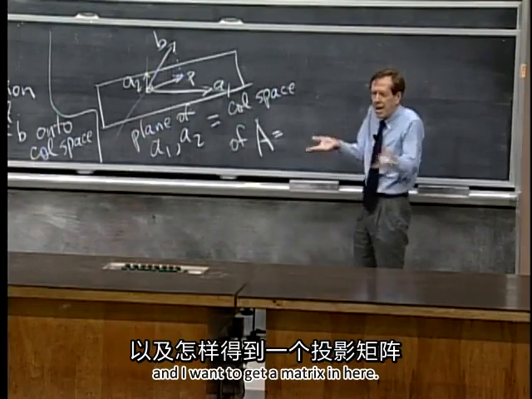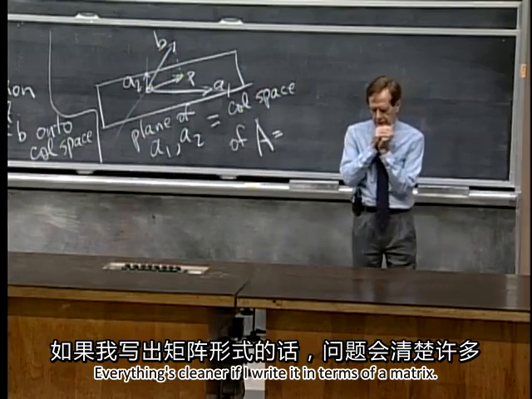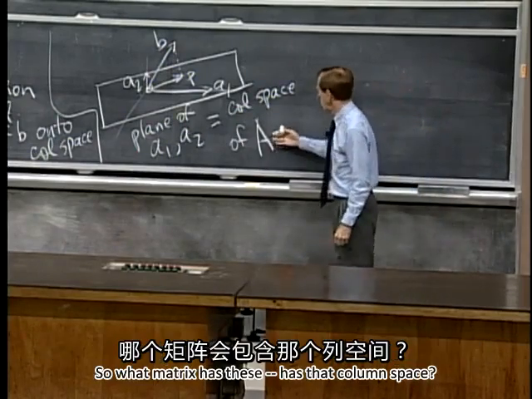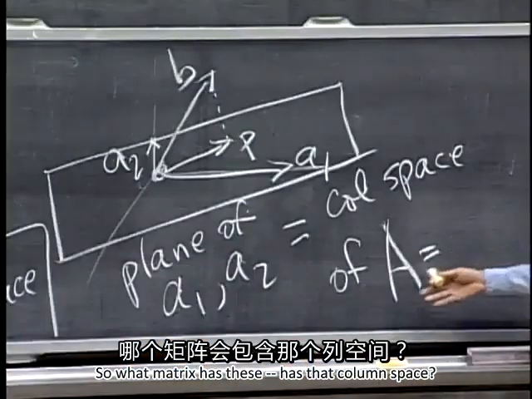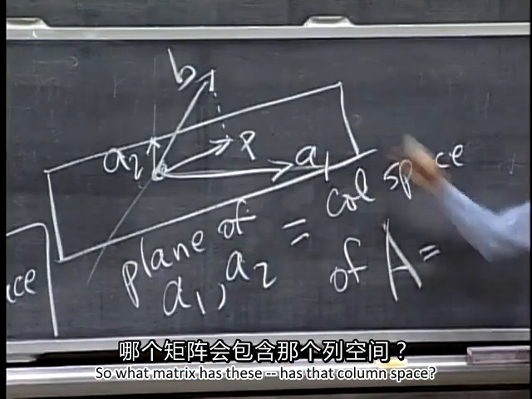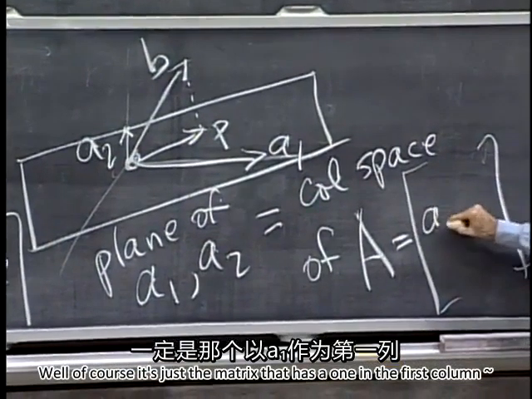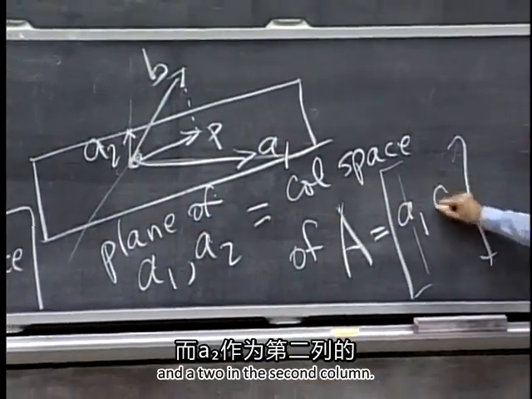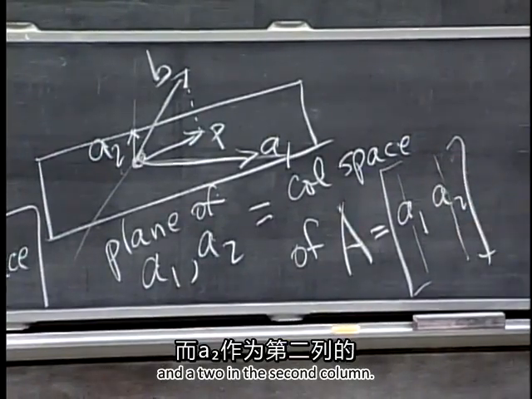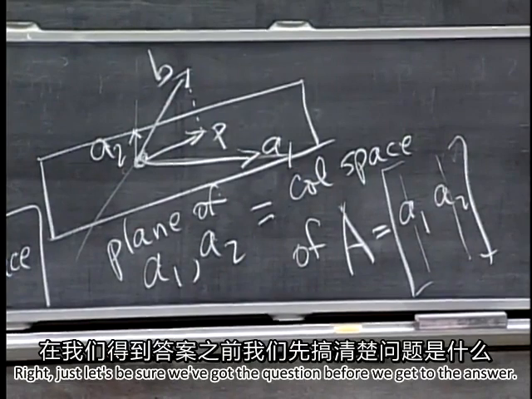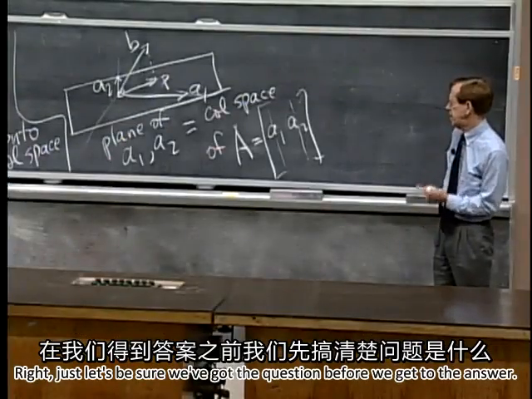And I want to get a matrix in here. Everything's cleaner if I write it in terms of a matrix. So what matrix has that column space? Well, of course, it's just the matrix that has A1 in the first column and A2 in the second column. Right? Let's be sure we've got the question before we get to the answer.